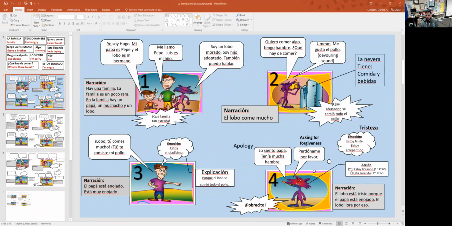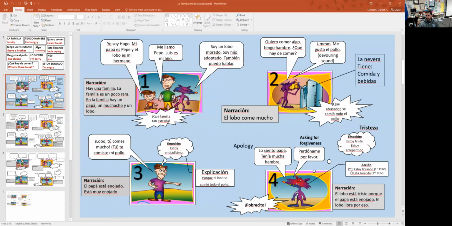Now, from this thing that I created right here, I added several other things as a scaffolding to help the students keep the rhythm, follow, keep the flow of the conversation. If you're looking at scene number 3, for example, I added the emotion that this person is feeling at that time. I also provided an explanation as to why this guy is feeling that emotion.